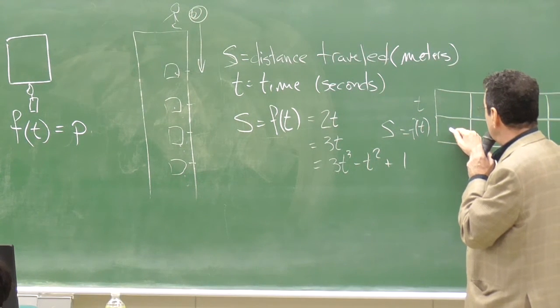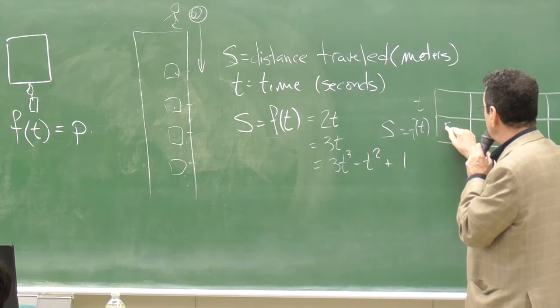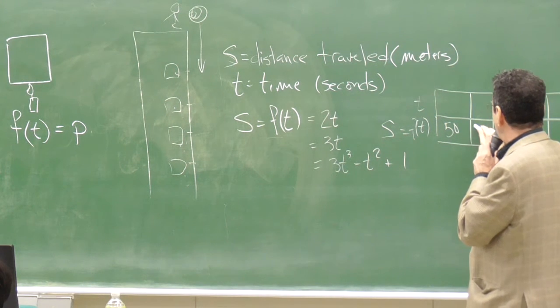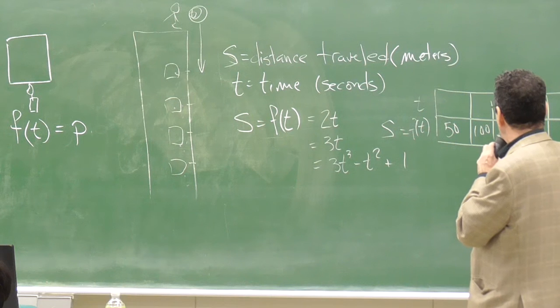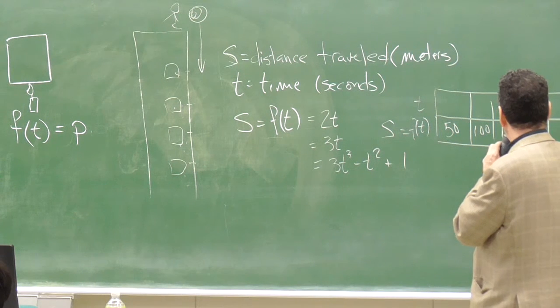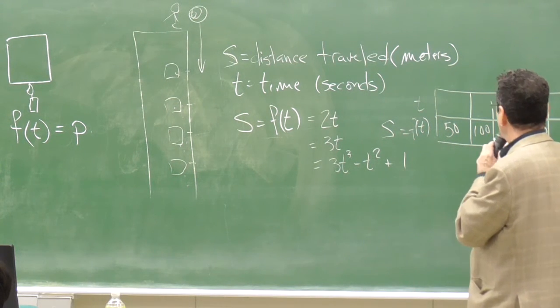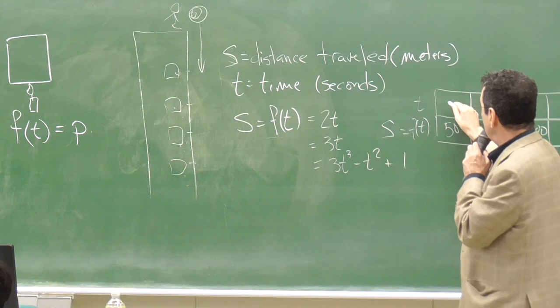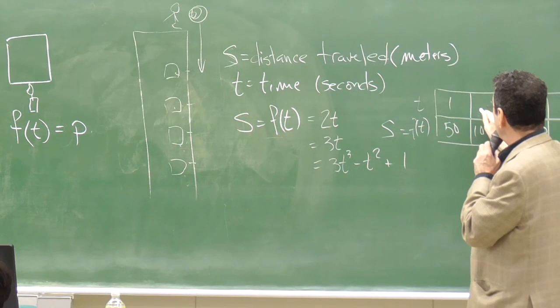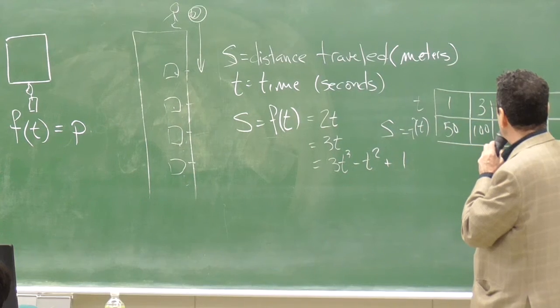Let's say 100 meters, 150 meters, 200 meters, and so on. And then they tell me the time was 1 second to get there, and 3 seconds to get there, and 1 second to get there.